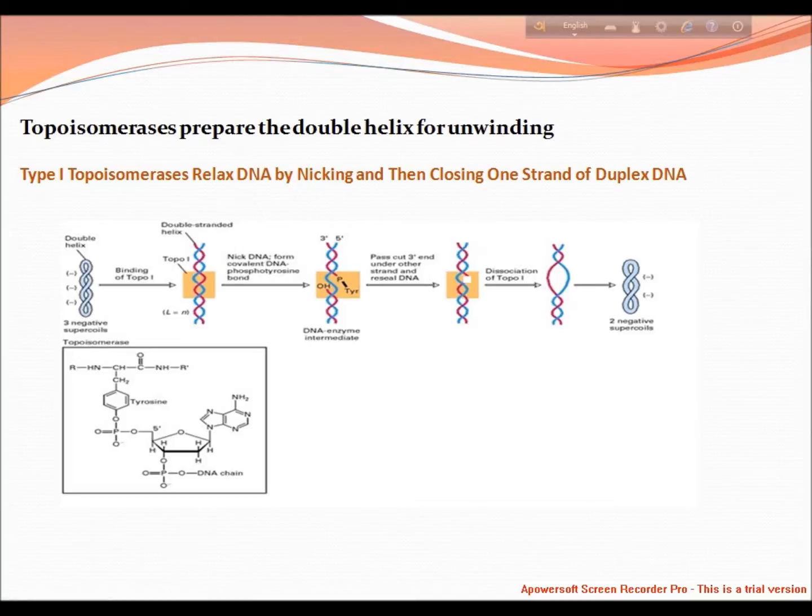Type 2 topoisomerases utilize the free energy from ATP hydrolysis to add negative supercoils to DNA. These enzymes alter the linking number of DNA by catalyzing a three-step process: first, the cleavage of one or both strands of DNA, then the passage of a segment of DNA through this break, and finally the releasing of the DNA break.